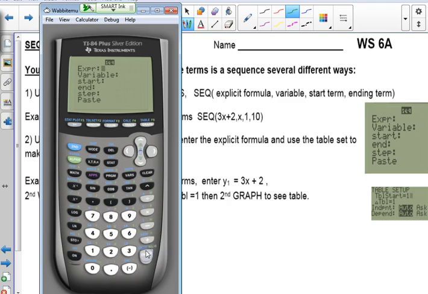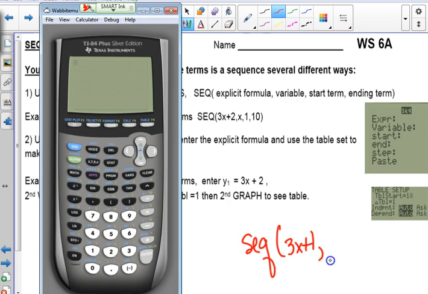Okay, now mine suddenly won't work. What you have to do is you get the word sequence on the screen, and then after you do sequence, it brings up a parenthesis. You would type 3x plus 2, and then you have to use the comma key, which is above the 7. Then you would have to put the variable in again, which was x, comma, 1, comma, 10 would give you the first 10.